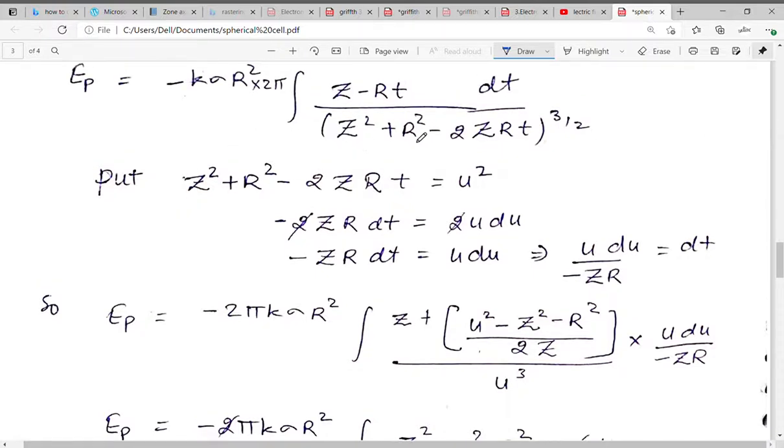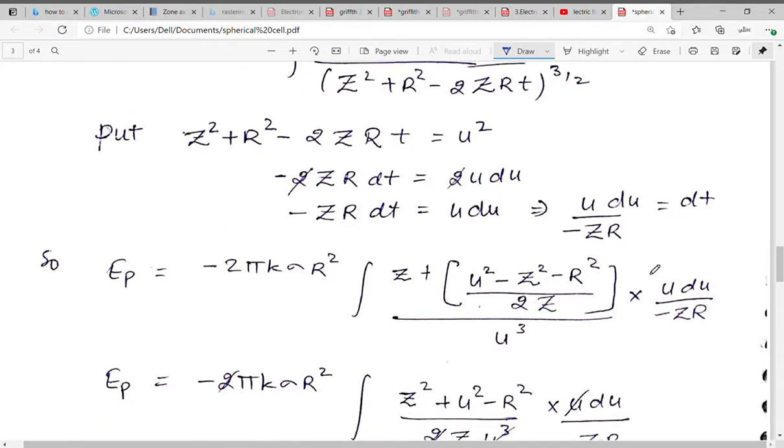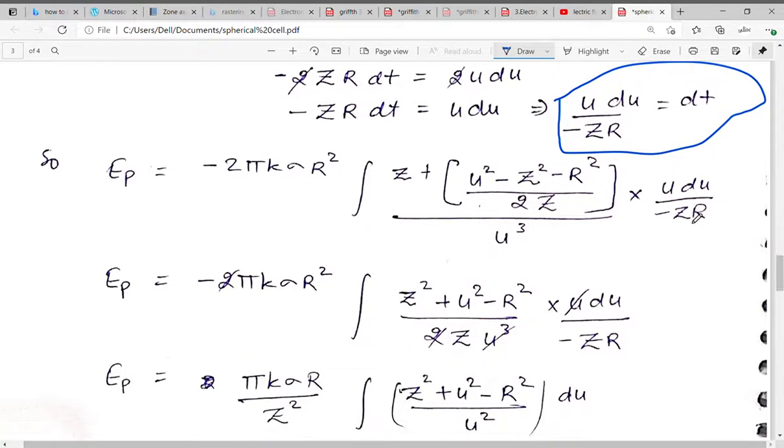This is what we get after putting cos theta equals t, and now put z square plus r square minus 2 z r t equals u square, so we got minus u du upon zr equals dt.